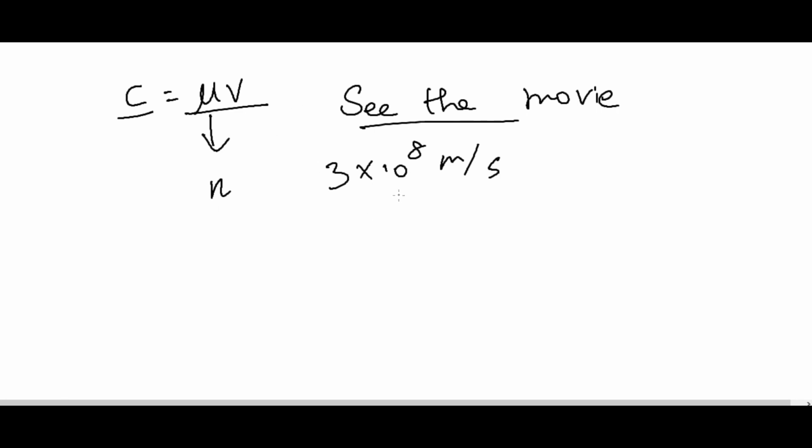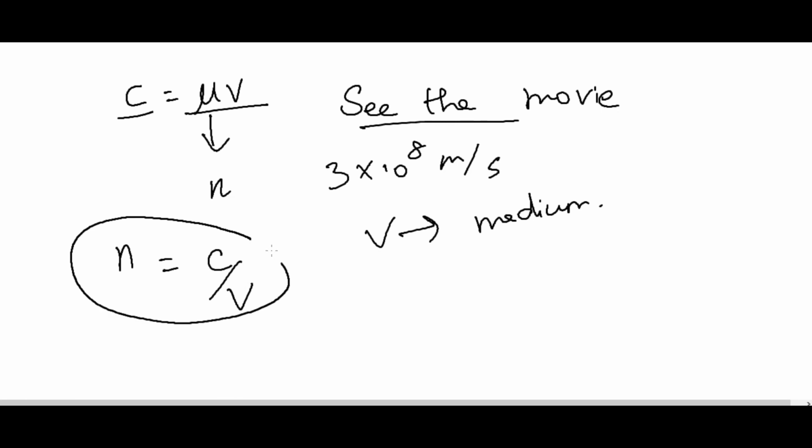With this data you can find the v value, that is velocity of light in medium. So you won't make any mistake in the placement of the letters. See the movie means c will be on the LHS side, and mu, that is n, will be on the RHS side, and v will be on the RHS side. So how can I write this? n is equal to c by v.